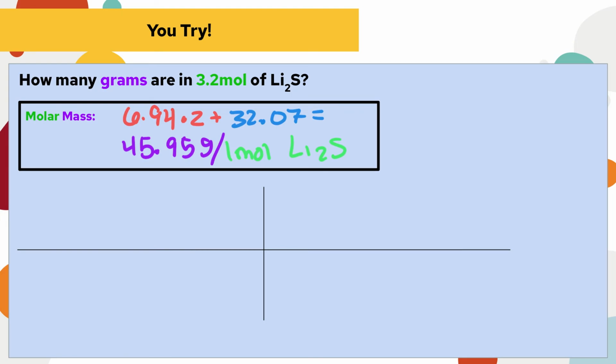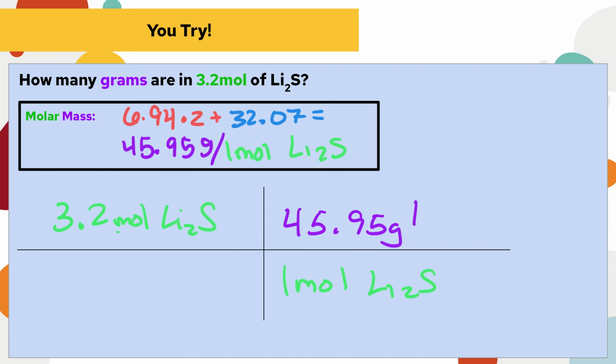So we started with what we were given, 3.2 mole Li2S. And since we're going to go from moles to grams, our 1 mole of our conversion factor molar mass is on the bottom. And then our mass, 45.95 grams Li2S, is on the top.